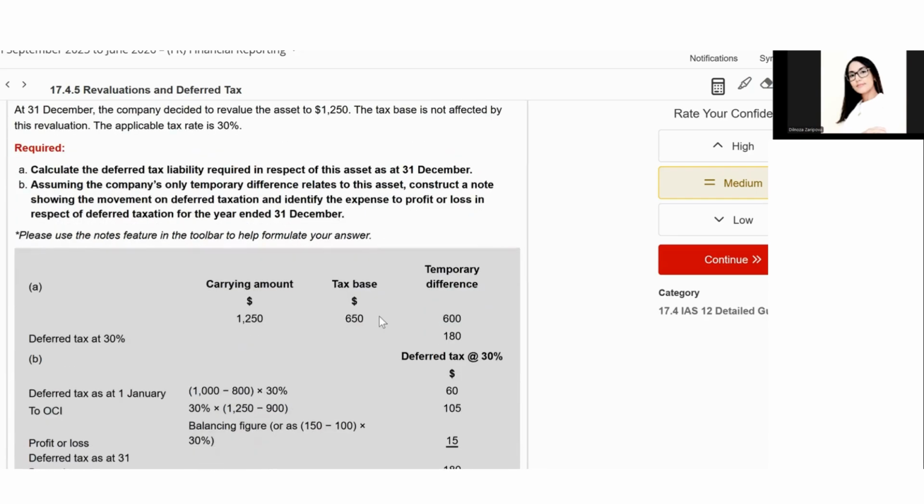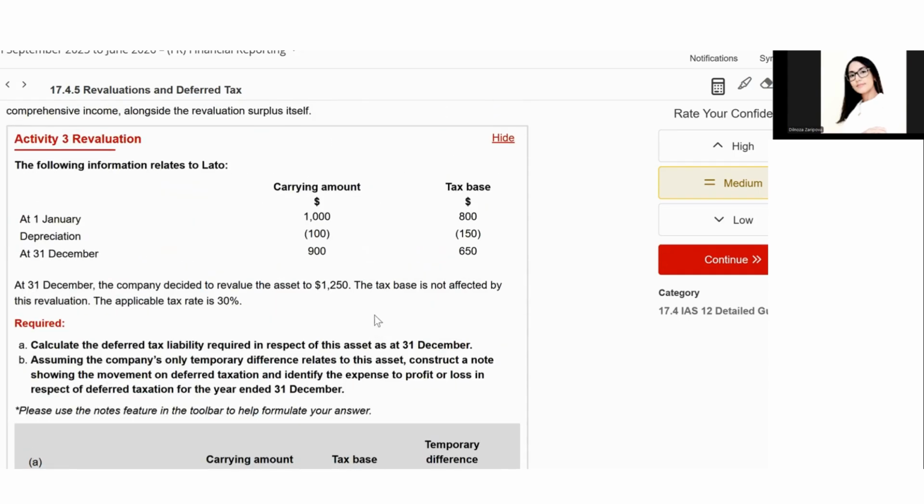For the deferred tax calculation, you take this carrying amount, 1,250, minus tax base 650. The temporary difference will be the difference between the already revalued amount and the tax base of 650, as you have here.